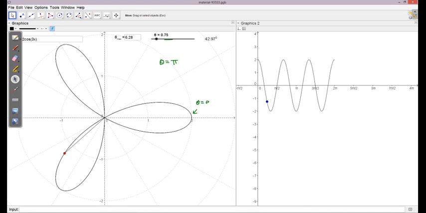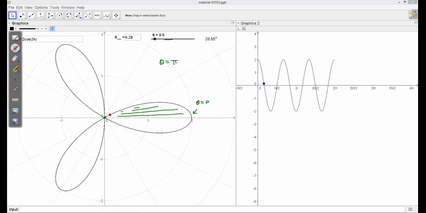So if we go from theta equals 0 to the origin, that only gives us half the petal. That gives us this area right here, which is only half of what we want. But it's still good to know where we are when the red dot gets to the center.